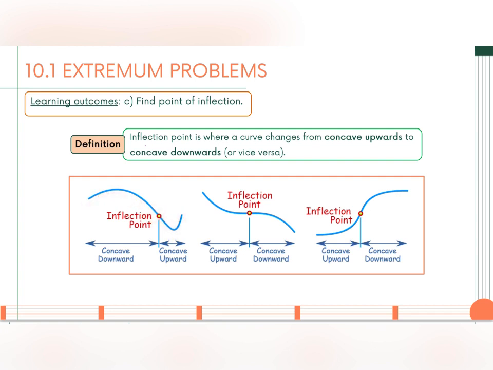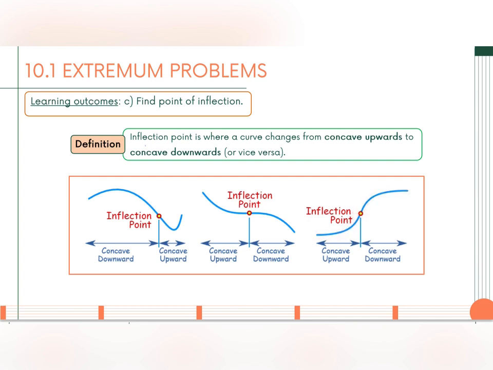Same goes to the second example here, the second diagram here. So daripada concave upwards, so at this inflection point, it changes to concave downwards. Okay, and the third diagram pun sama, concave upwards and then dia tukar arah kepada concave downwards. So that is what is meant by inflection points.